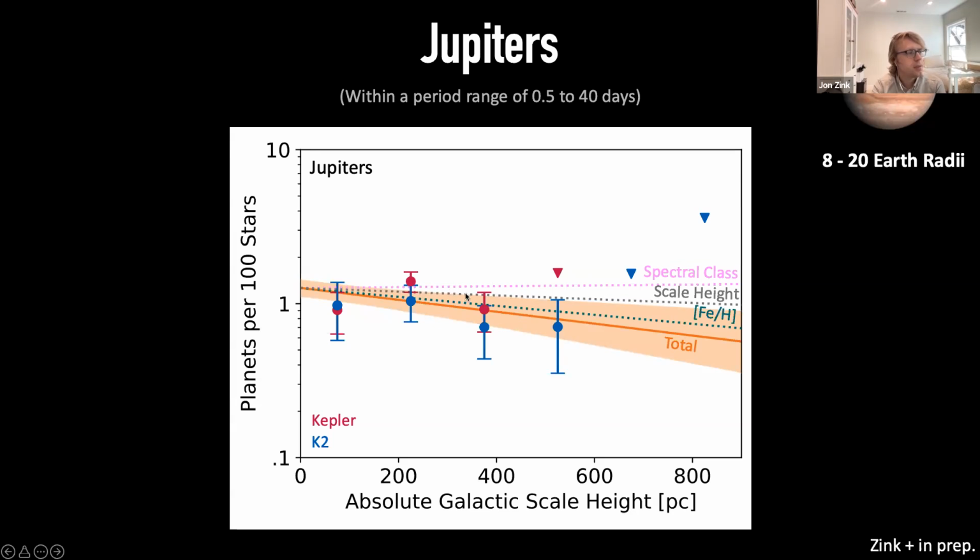For the Jupiters, there definitely looks like a downward trend in planet occurrence, but most of this can be ascribed to stellar metallicity decreases. Metallicity seems to be the cause of this decrease. As we go up, we're seeing lower metallicity stars, so it's expected that we would see reduced planet occurrence.